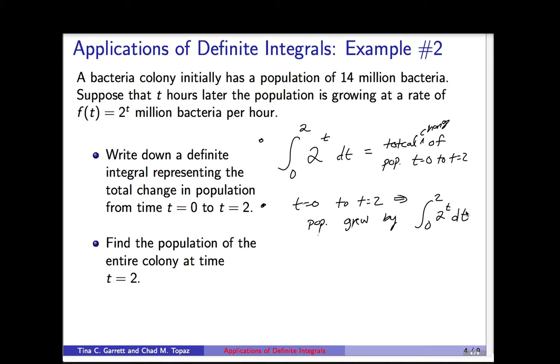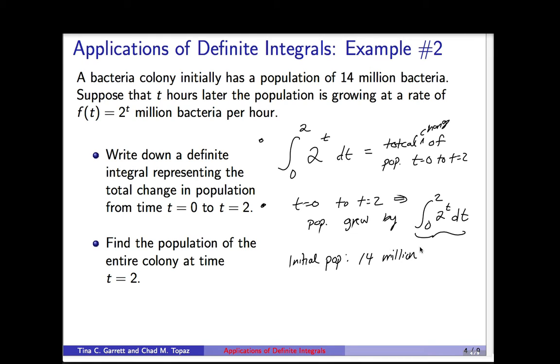But how do I find the total population? That's actually pretty simple. I just need to add whatever this amount is to the original, or initial, population. The initial population of bacteria we're given in the problem is 14 million.